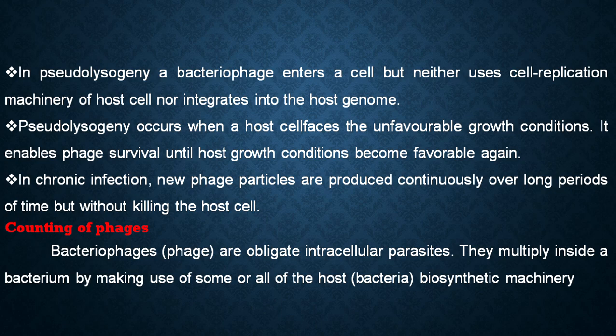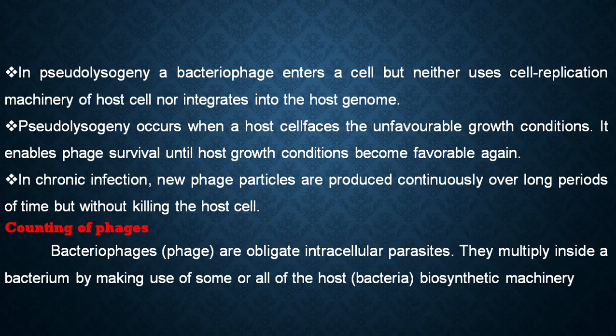It enables phage survival until host growth conditions become favorable again. In chronic infection, new phage particles are produced continuously over long periods of time but without killing the host cells.